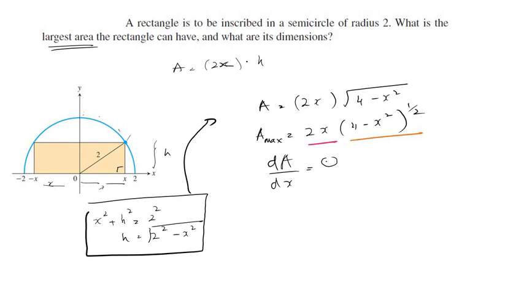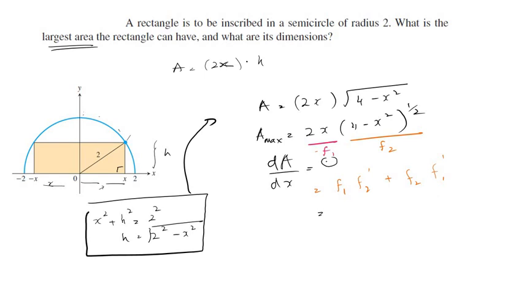So if this is f1 and this is f2, the derivative would be f1 times the derivative of f2 plus f2 times the derivative of f1.